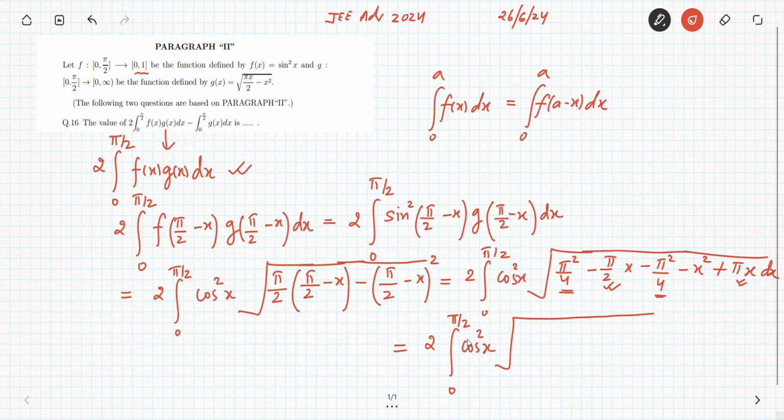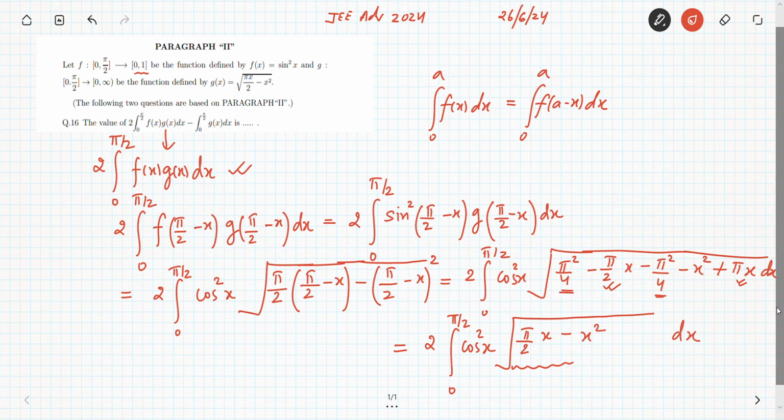That means there will be pi by 2 x and minus x square dx. Okay, this term remains. Now this term is nothing but it is again g(x). Okay, you can see it is again g(x).